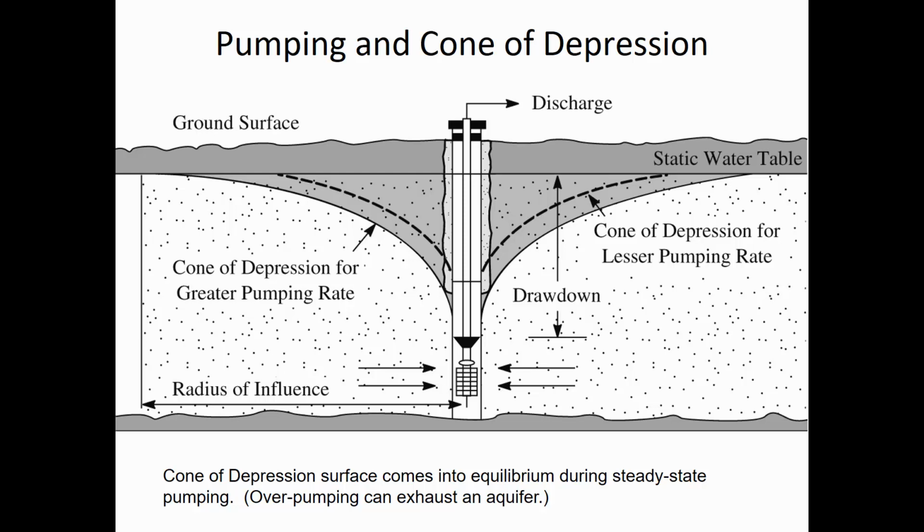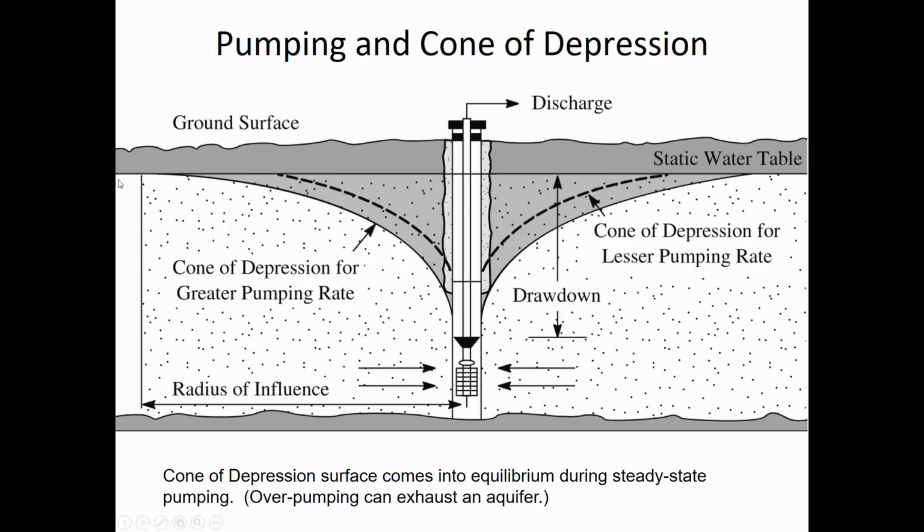So the groundwater shape responds to how quickly the water is being extracted. If you overpump over the long term, then you may have more than just the cone of depression. You may have the water table everywhere generally decreasing as the total volume of water in the aquifer begins to become exhausted.